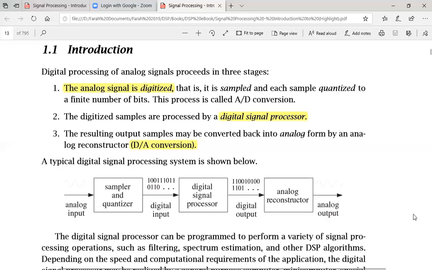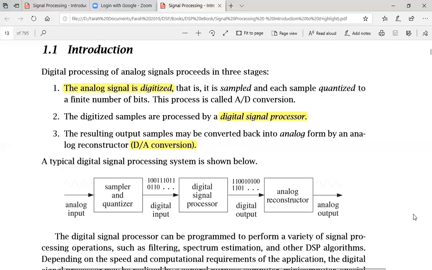It means the analog signal needs to be first digitized before being processed digitally. When the analog signal is digitized, it needs to be sampled and quantized. You can call it an AD converter before preparing your analog signal to be processed digitally.